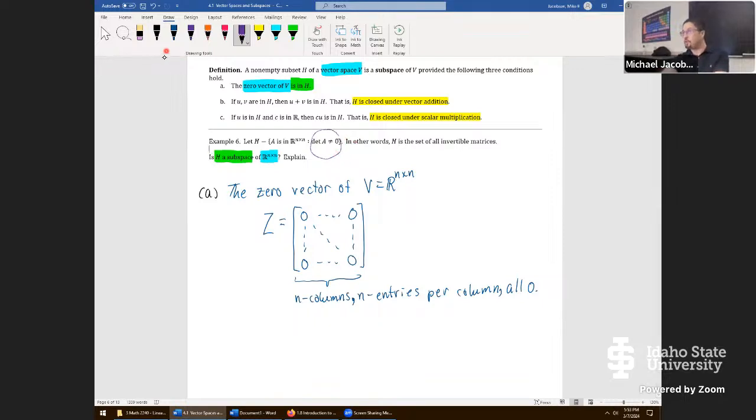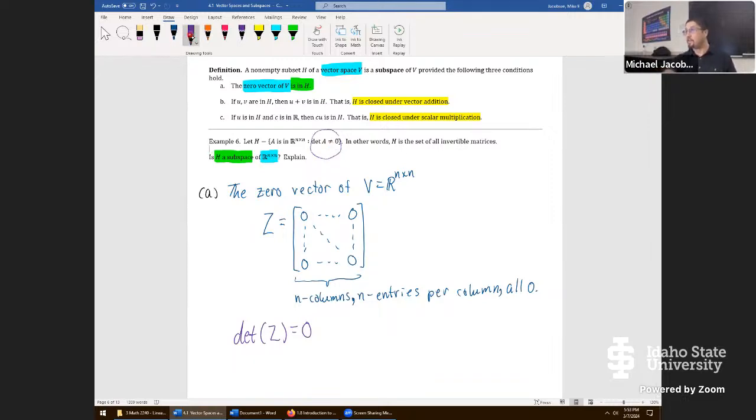That's a problem, right? If you go and calculate the determinant of Z, well, you have a lot of great options, right? I'll do a cofactor expansion across row one. You're just producing a whole bunch of zeros. The whole thing is zero, but that means we can't get inside H.